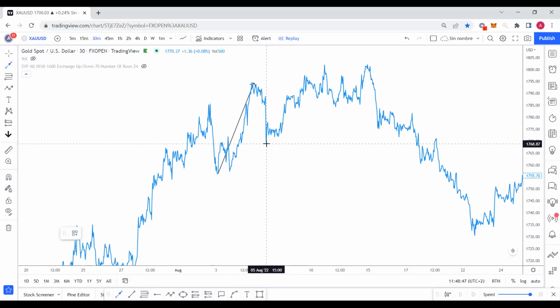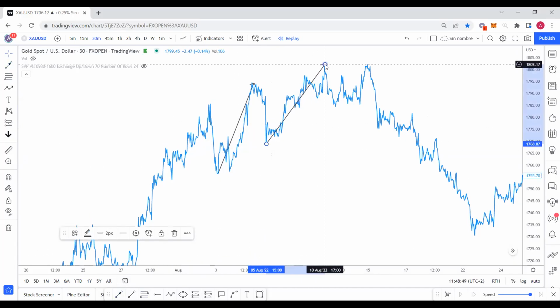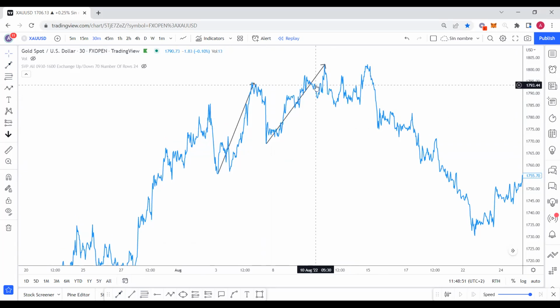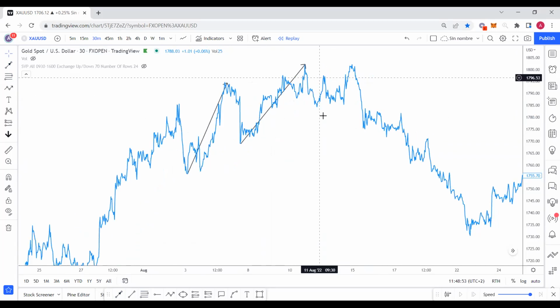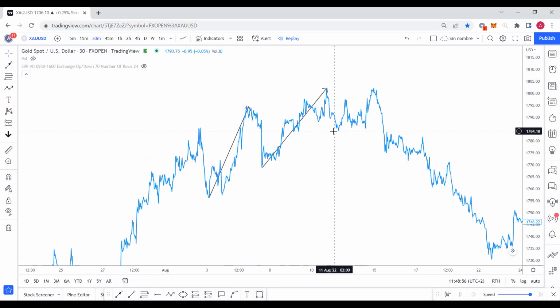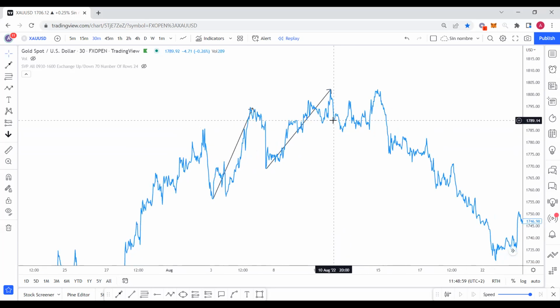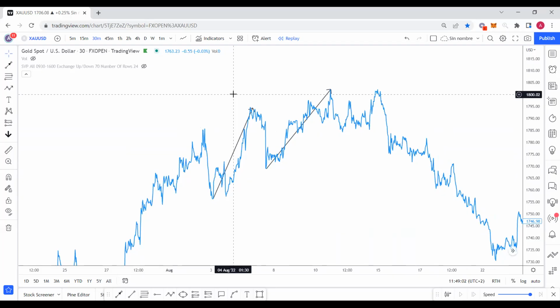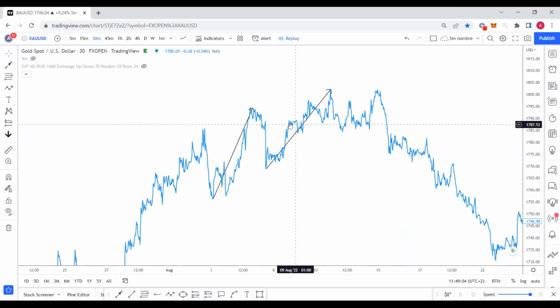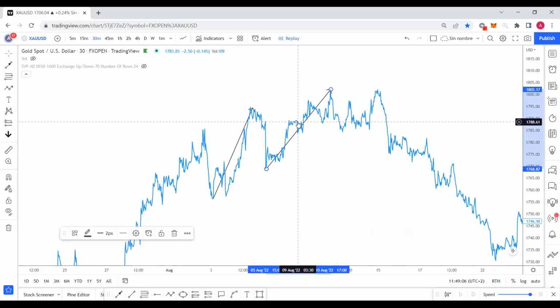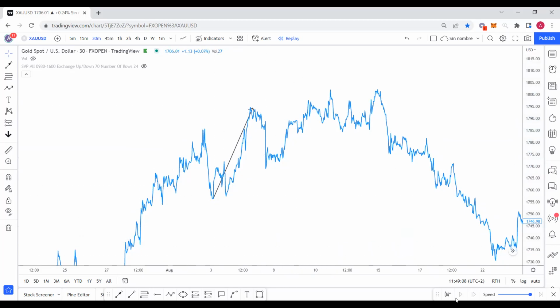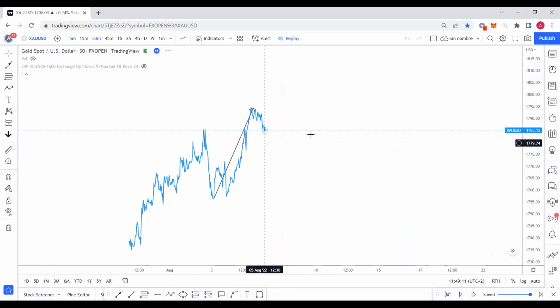Then again here, from here to here, this is 100% of the impulse. At the end of the day, it's up to you how you trace the Fibonacci, but I have my specific way. You will find videos on the Snipe Out about it. I don't want to get into it because then I will be here for hours. So basically, this is 100% of the impulse.